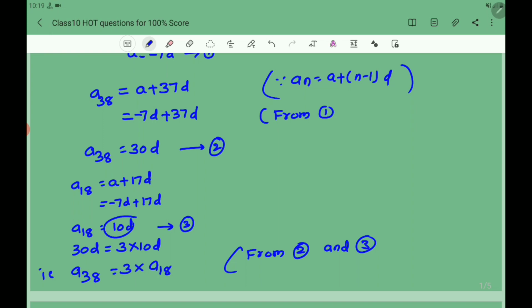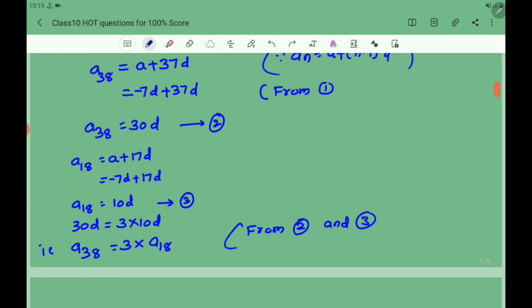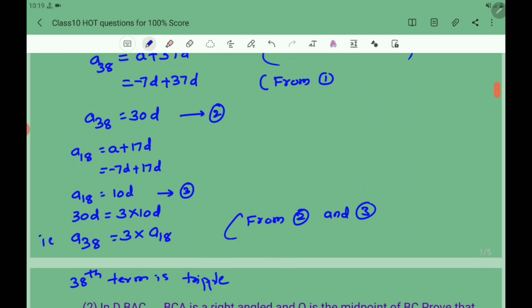Here you got 10D. And then you can use the relation that 30D is equals to 3 into 10D, and you got A38 equals 3 into A18. So you got that 38th term is triple of 18th term.